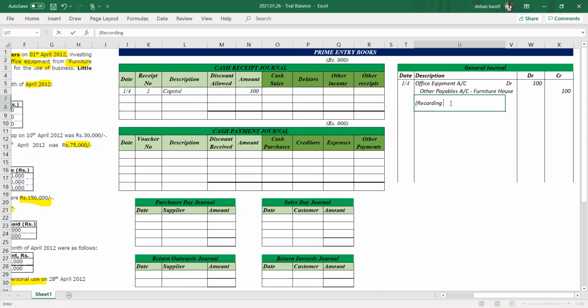Recording the credit purchase of office equipment.